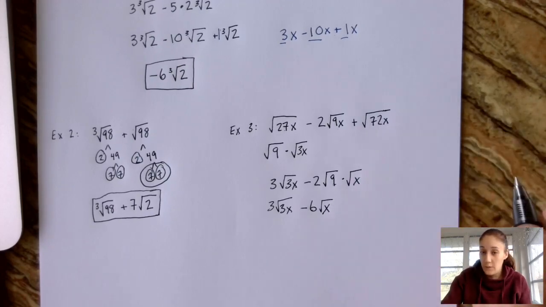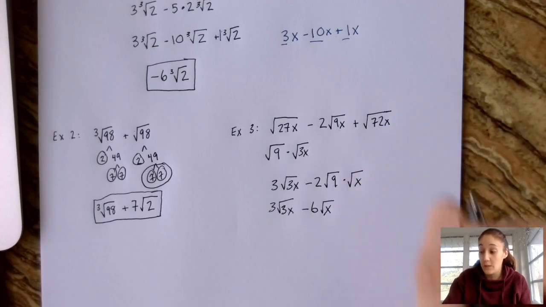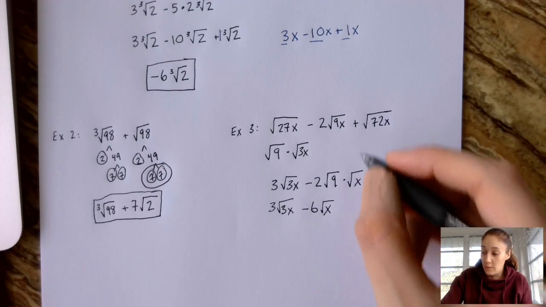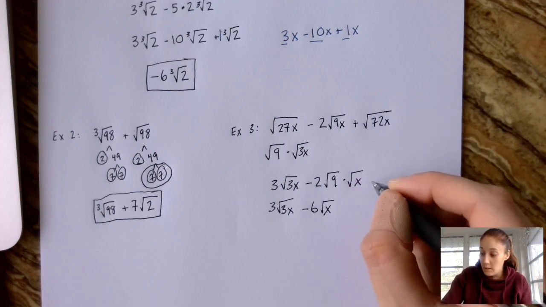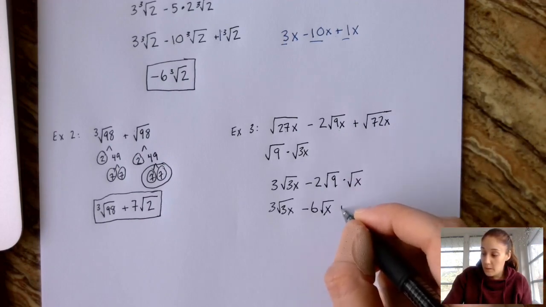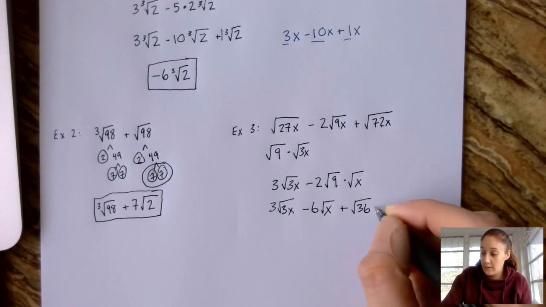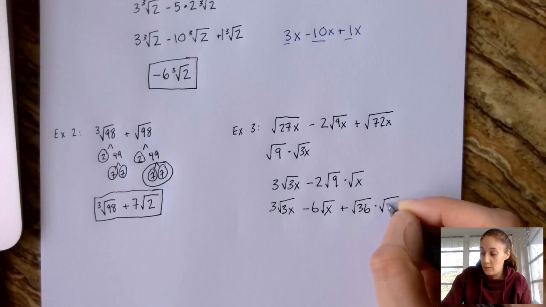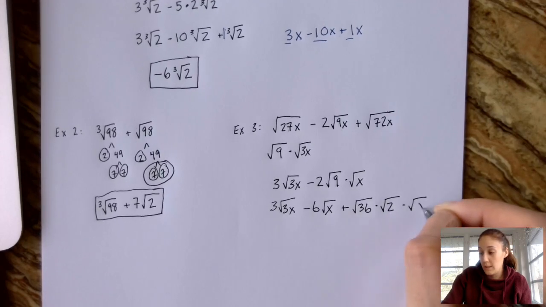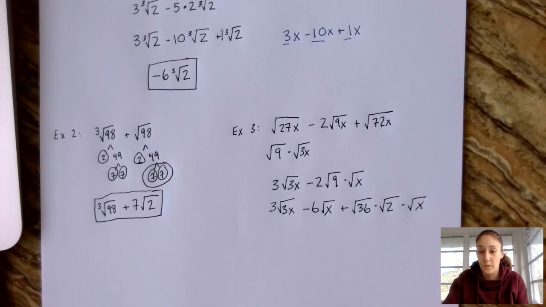Right, and then 72, well, I know that 72 is 36 times 2, so I'm going to go ahead and rewrite that. I'll do it right here, plus the square root of 72x is the square root of 36 times 2, and I could separate that x again. I could have just put it with the 2.